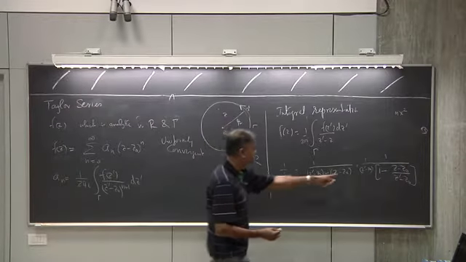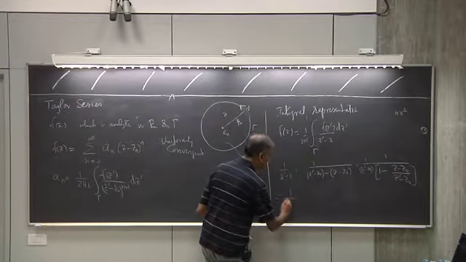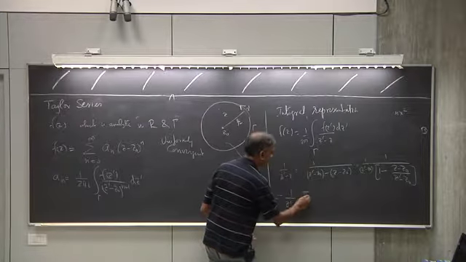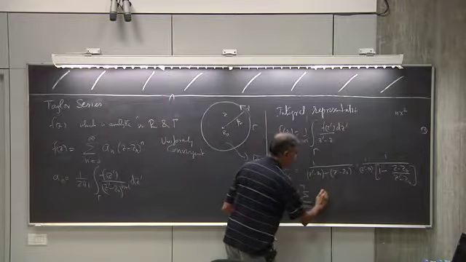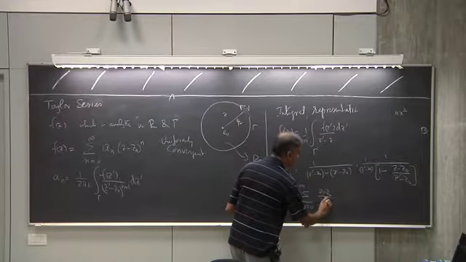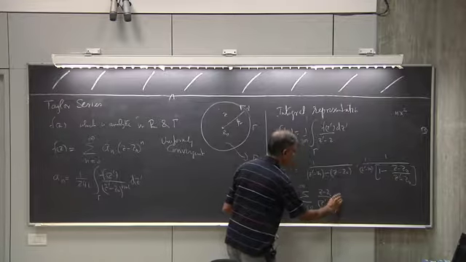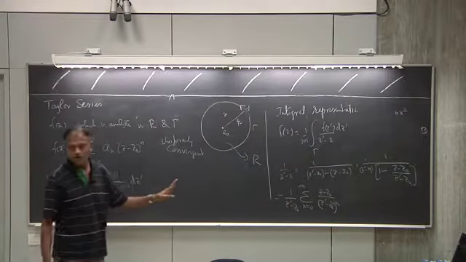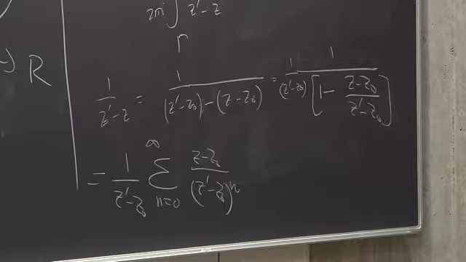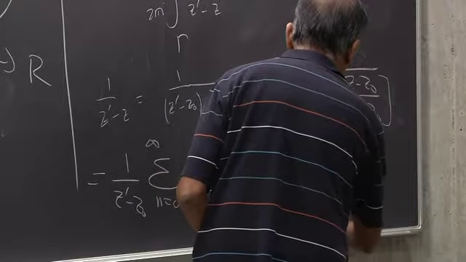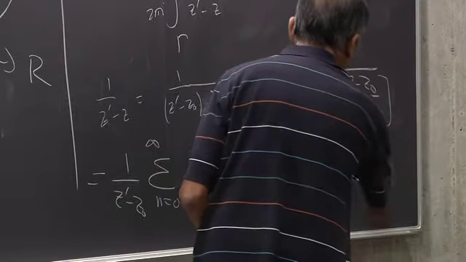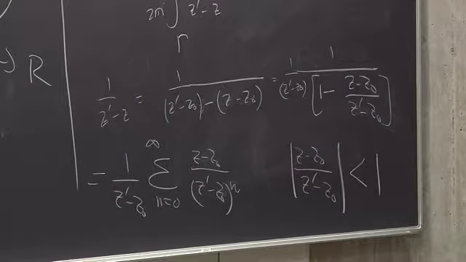I get 1 over z prime minus z naught, sum n equal to 0 to infinity, of z minus z naught divided by z prime minus z naught to the power of n. And as we already saw, this series is convergent because z minus z naught divided by z prime minus z naught is less than 1. For this reason, I can expand it.